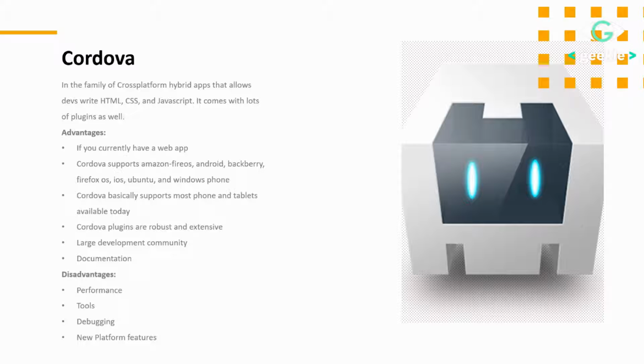Now let's talk about the advantages and disadvantages of Cordova. As with any hybrid cross-platform technology, apps created with Cordova can suffer from performance issues. Running code inside a web browser means the code is interpreted by the browser rather than compiled and executed natively, which means you will have one layer of abstraction.